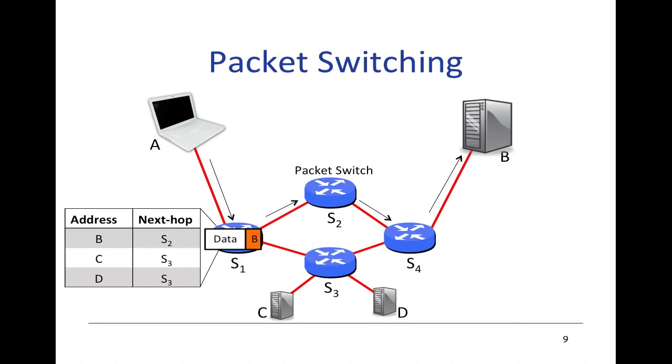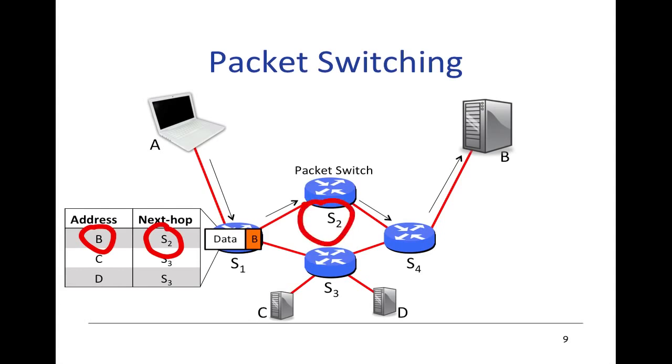Each packet switch along the way is going to look up the address in a forwarding table. So it keeps a local forwarding table in all of the packet switches. And here I've got a forwarding table saying if we see the address B, then we're going to send it, on the next hop, to S2. And this is S2 over here.